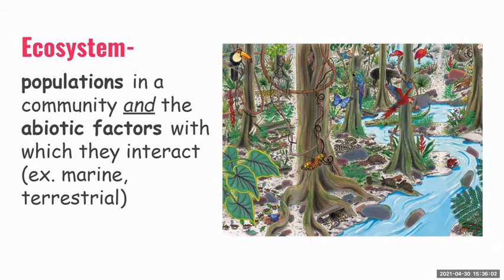So not only do you see all the different kinds of animals and plants, you also start seeing things that are non-living, like the water in the river, the rocks, the soil, the sunlight that comes through the trees, the airflow. All of those things are part of an ecosystem. They're essential for these living things to continue to live.